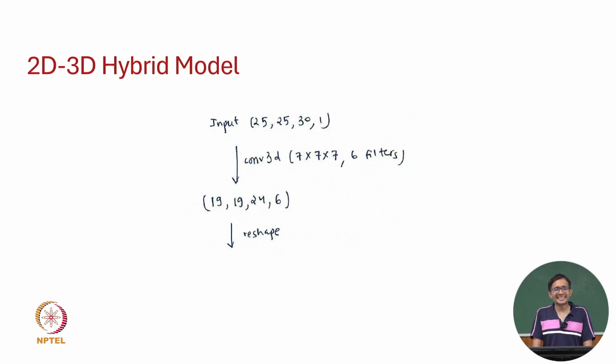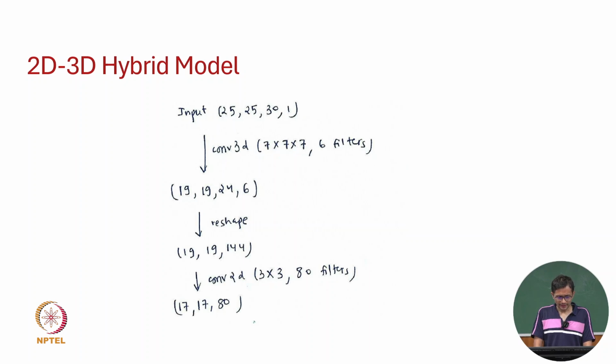Because we have these 6 filters. As I already mentioned, with the use of this Conv3D, the feature size will start growing. That's what is happening. We are having one more dimension right here: 19, 19, then 24, then again 6. With the use of Conv2D, we would have one less dimension.